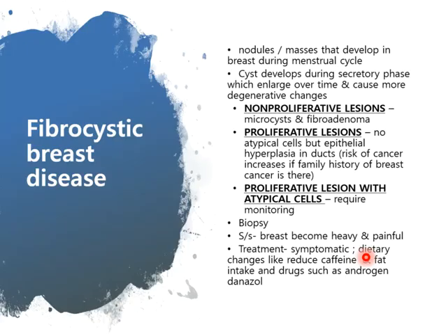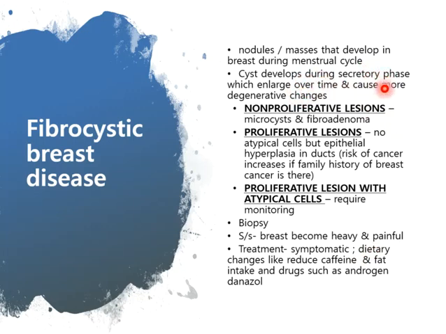Now we are coming to a benign disease of the breast. Because the breast is included with the female reproductive organs, we are going to discuss some portions of the breast also. So fibrocystic breast disease is a benign tumor-like condition of the breast. There will be nodules or masses which develop in the breast associated with the menstrual cycle.